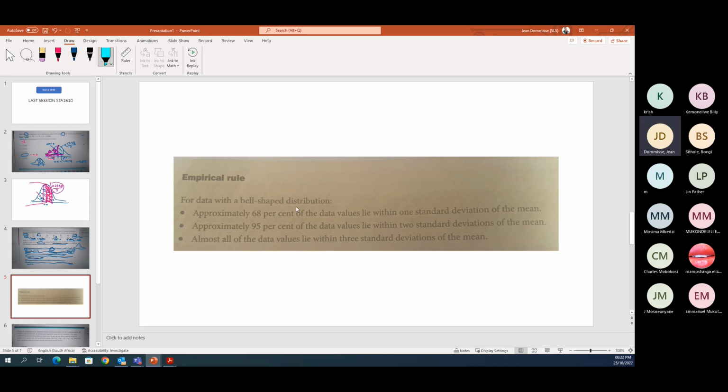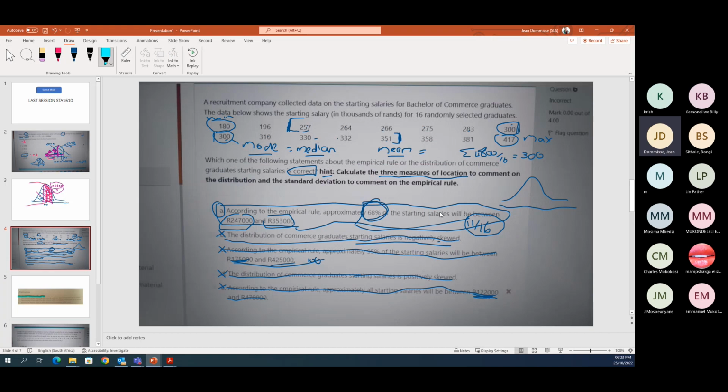So look at that. The empirical rule only applies for data that is bell-shaped. And the only way it can be bell-shaped is if the mean, median, and mode are exactly the same. If it was not bell-shaped, then none of the things we're talking about, the empirical rule, would be correct, because you can't assume it.